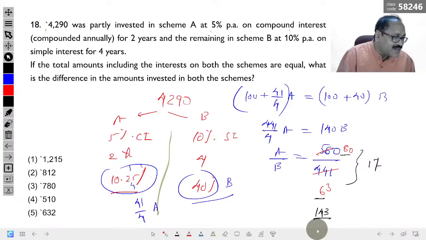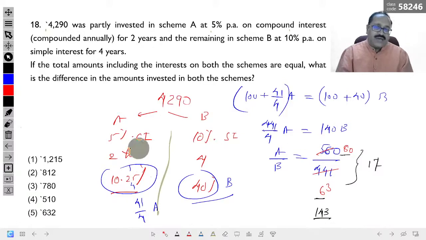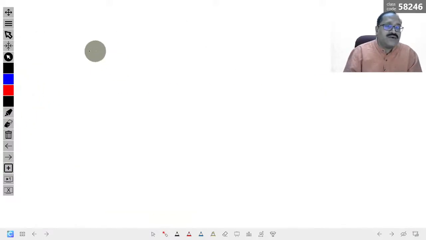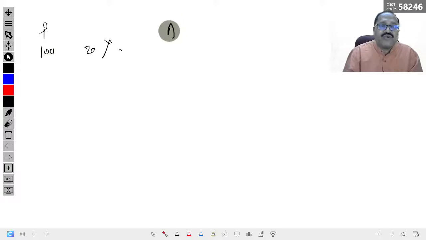Why did you take 100 instead of 1? Okay, good question. If I take the 20%, now I need to consider the principal as 100. So the amount will be principal plus interest, 120%.